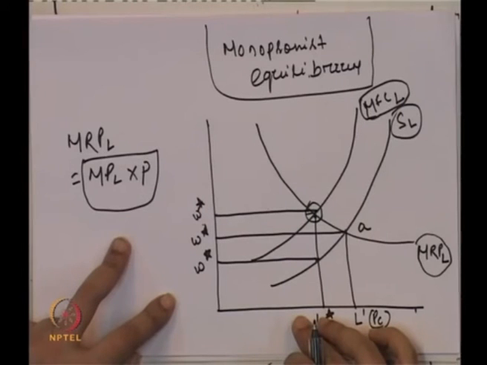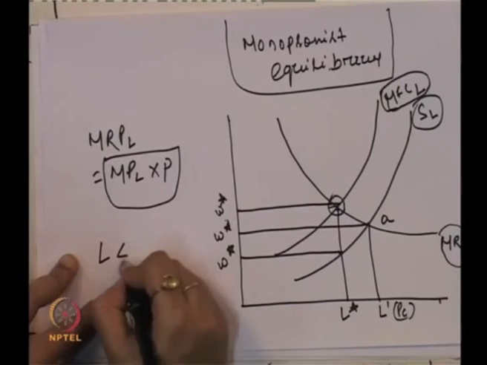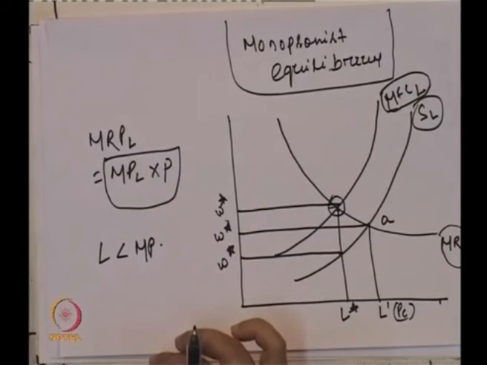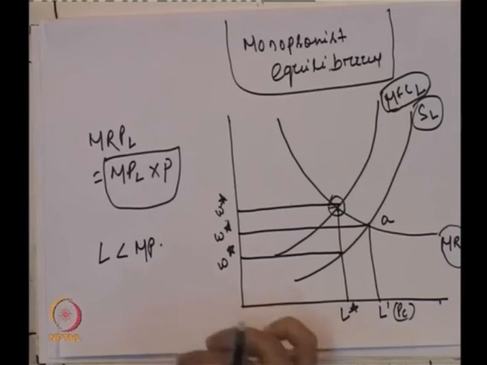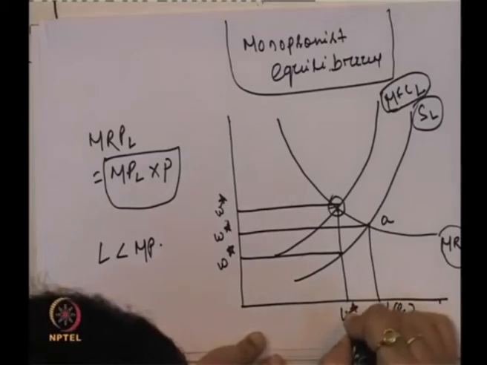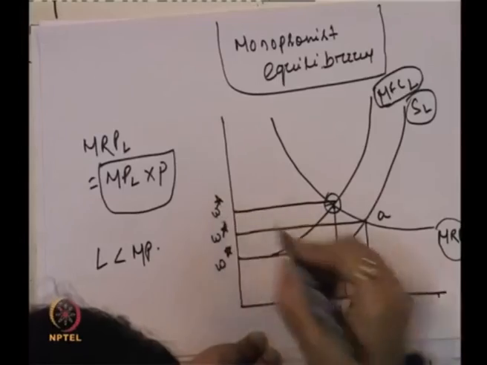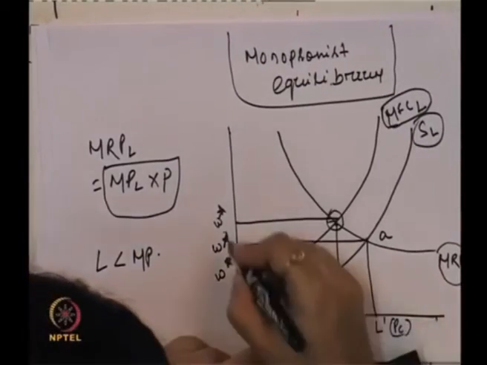Now labor receives a wage which is less than the marginal product, and we find this equilibrium through the wage rate W star and the labor quantity L star. Now what is this L dash?